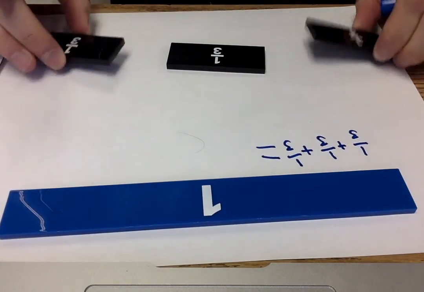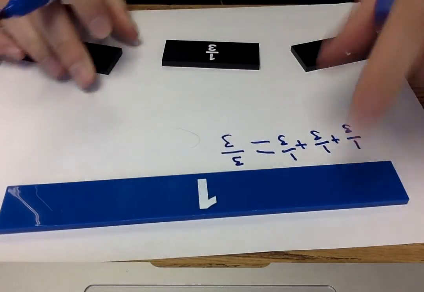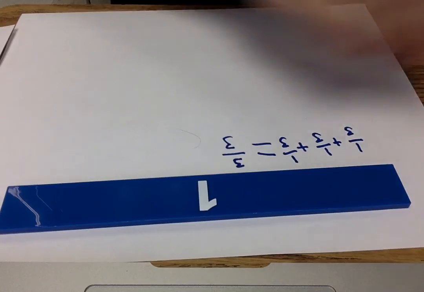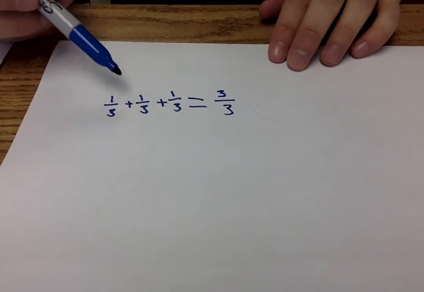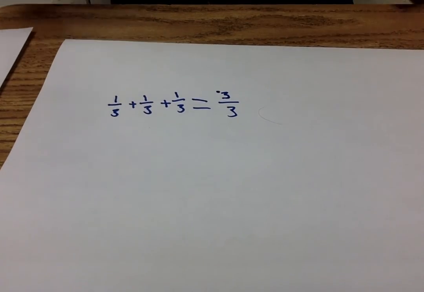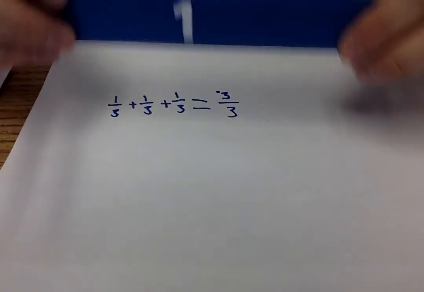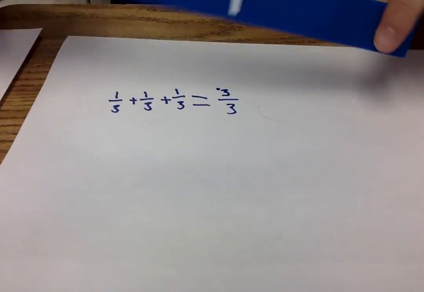We have 3 1/3s, so 3 thirds. And we remember that 3 thirds is equal to 1 whole, because any fraction in which the numerator is the same as the denominator means that it is a whole number. It is equal to 1. So if this was 4/4, it would also be equal to 1 whole.